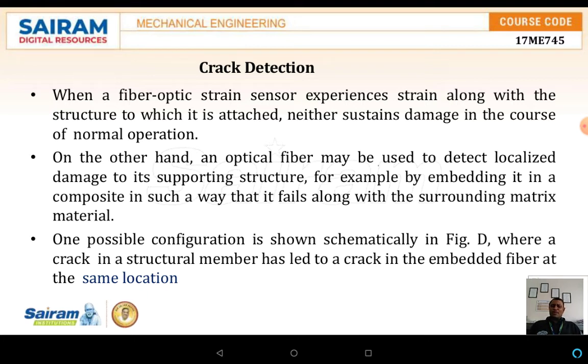For example, if the fiber is embedded in a composite in such a way that it fails along with the surrounding matrix material. One of the possible configurations is as shown in the figure, where the crack in the structural member has led to a crack in the fiber, and the same thing can be found very easily by embedding the fiber into the structure.